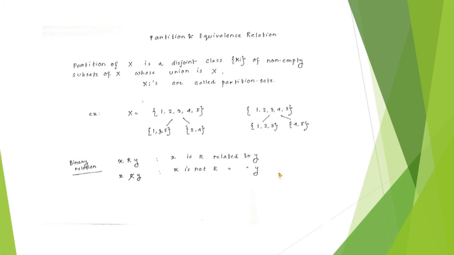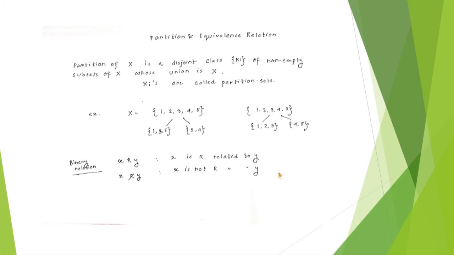So the binary relation in a set X is a mathematical symbol or verbal phrase which we denote by capital R, and is defined such that for each ordered pair x comma y of elements of X, the statement x R y is meaningful in the sense that it can be classified definitely as true or false.